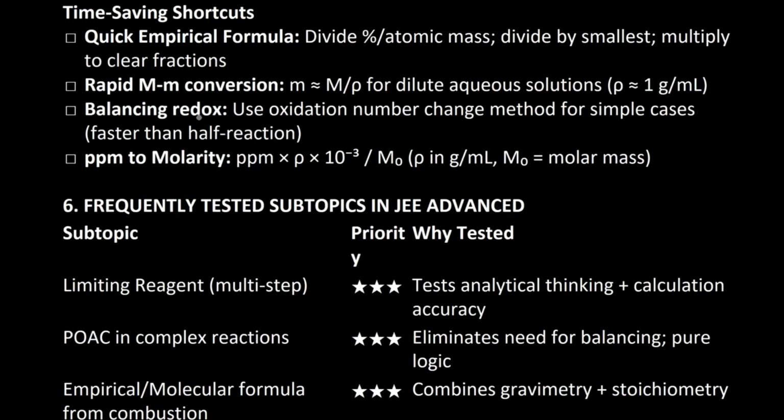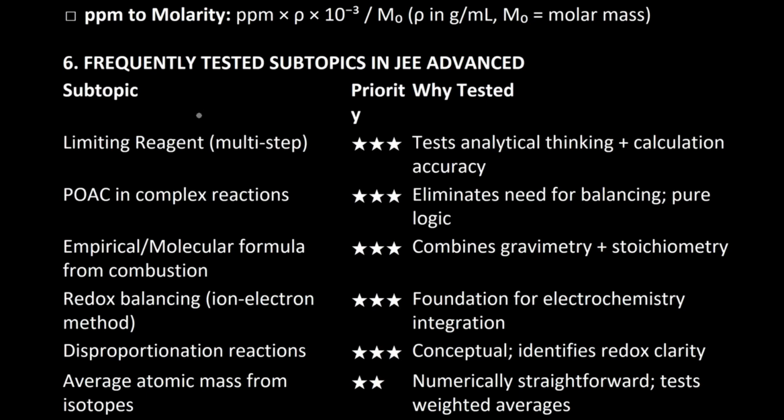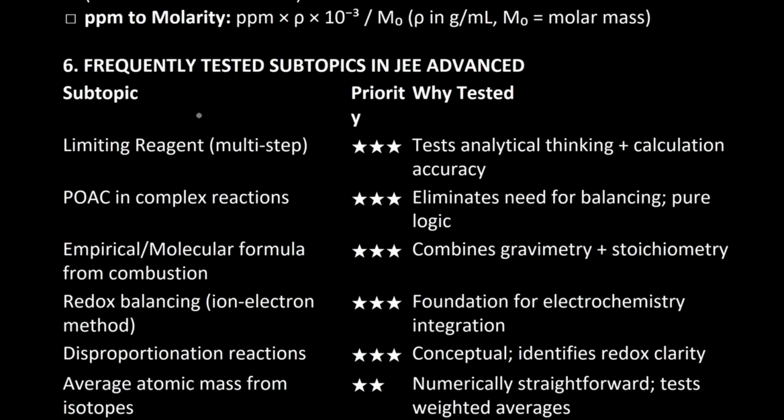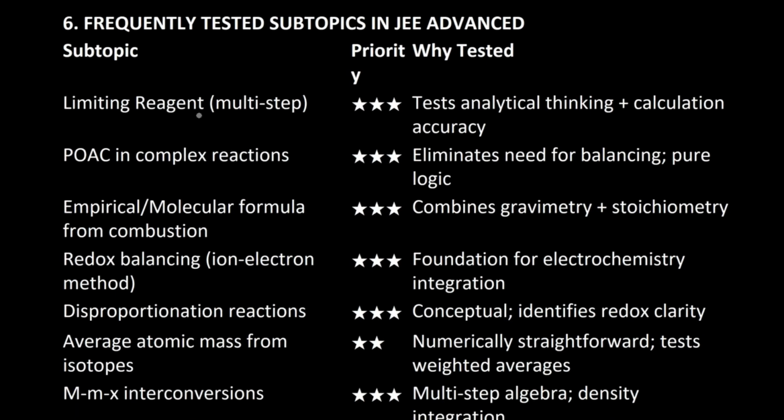And whenever the rho value is given, whenever they have mentioned aqueous solutions, what you can do is m is more or less equal to molarity. Okay, then for ppm to molarity, you can use this formula to get the conversion.